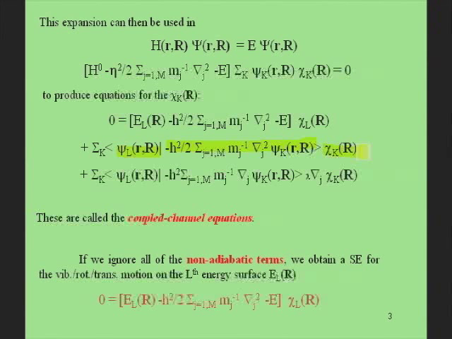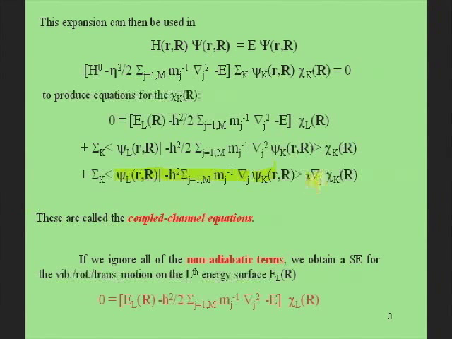Then the other kind of cross term is when the second derivative is written as first derivative times first derivative, and the cross terms give me a factor of twice. So here I get psi L, and then minus h bar squared over, not 2 because it's twice, that's where the 2 went away, mass of the nucleus j, del psi k dot del chi k.